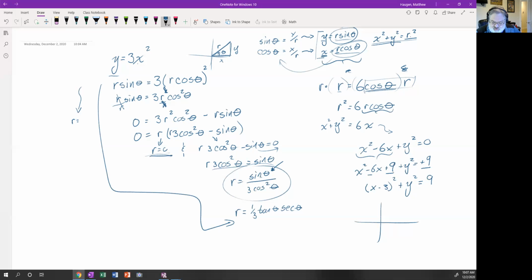But then that means this is a circle. This is a standard form of a circle centered at 3, 0 with a radius of 3. So in Cartesian, we know what this object looks like. Well, that means if you switched your calculator over to polar mode and graphed r equals 6 cosine theta, you should get that same circle.